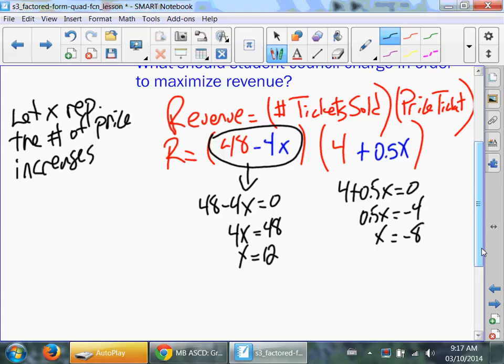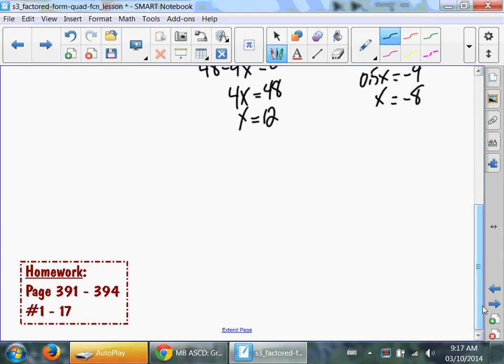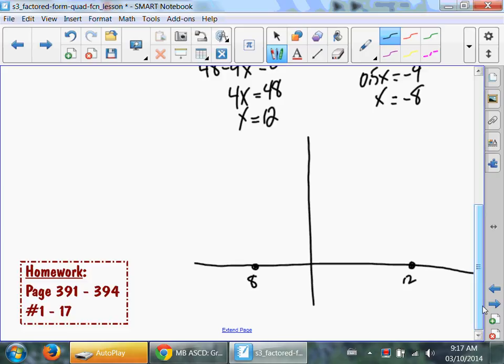So if we took a look at a very rudimentary picture here of what's happening, what I know is that I have a 0 here at 12, a 0 here at -8, oopsies, that's negative 8, my bad, and somewhere in between these two.